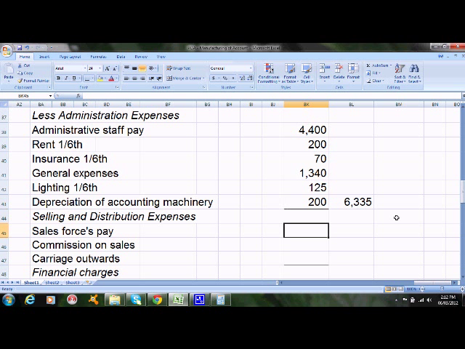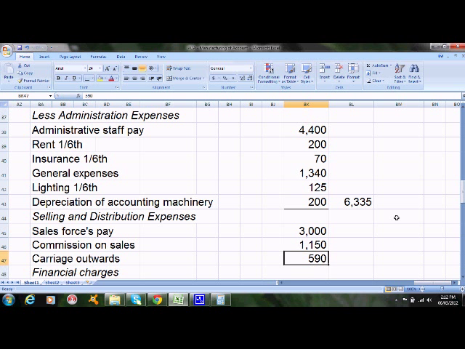Next, we go to our selling and distribution expenses. Sales force's pay is 3,000. Commission on sales 1,150. What you do, friends, in an exam like this, you draw the format first, as I have done before, and then you pick out the figures and fill them in as appropriate, and you cannot go wrong.